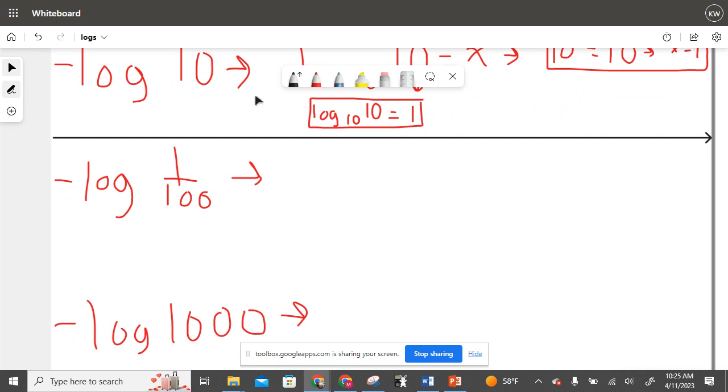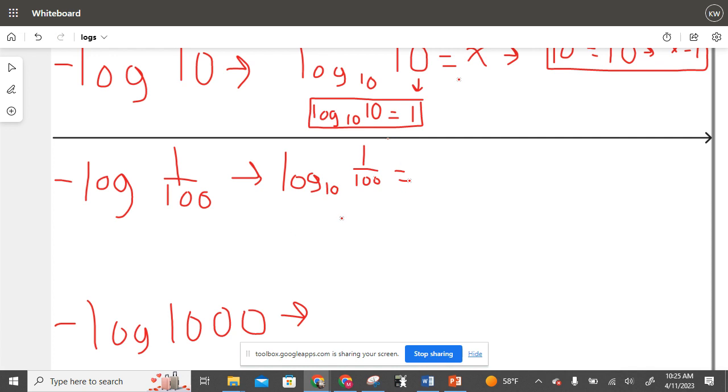Remember, we're still dealing with a log with no small base given to you. That means that you got to write that in sometimes. So we got log of base 10 of 1 over 100. Now remember what these two things are. 10 is our base, and 1 over 100 is our actual answer.